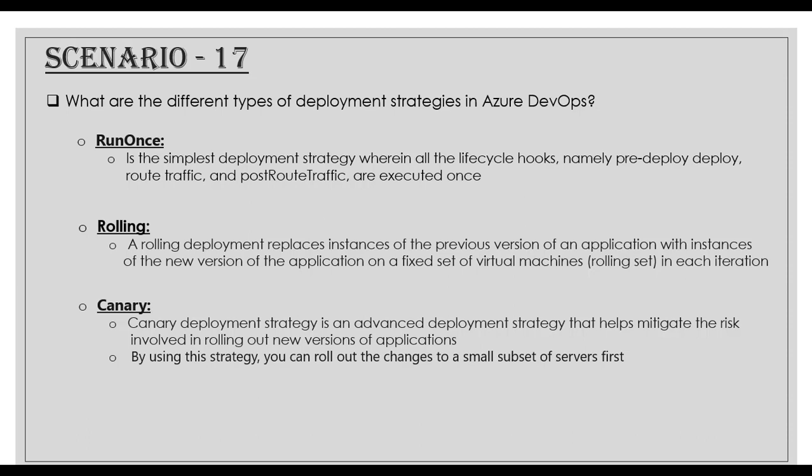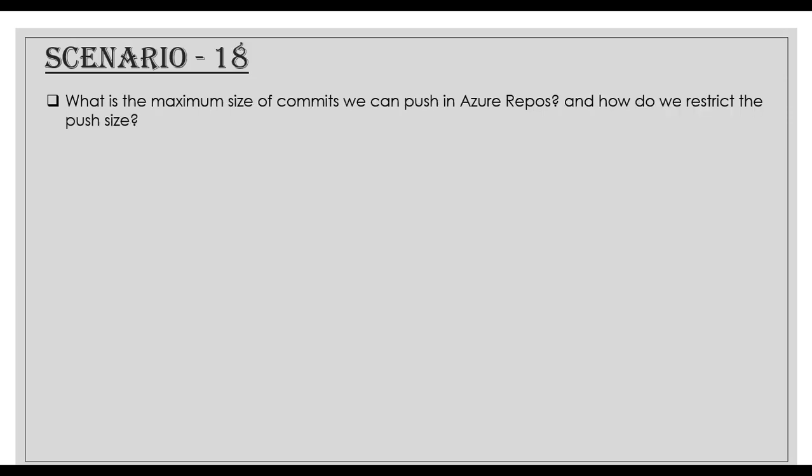If you want to take that approach, then Canary is the best one, wherein it will deploy changes on the first subset, then you can go and test it. If it's all looking good, then you can eventually move on to the next set of servers. That is Canary for you guys. So these are the 3 deployment strategies we have in Azure DevOps. To be very precise: run once, rolling, Canary. Let's move on to the next question.